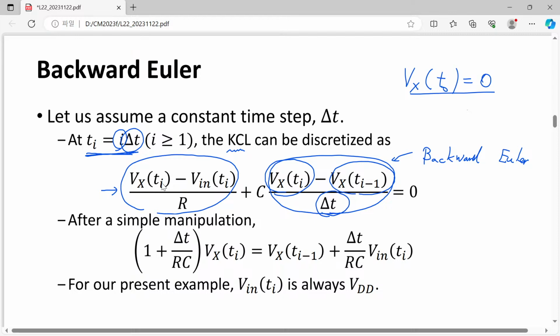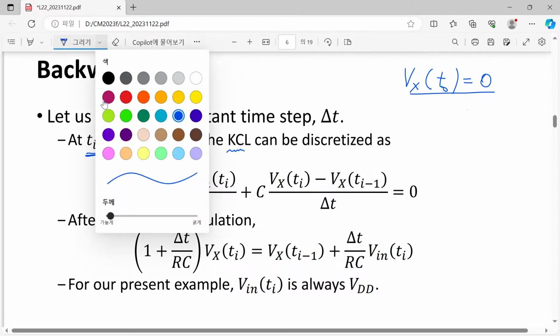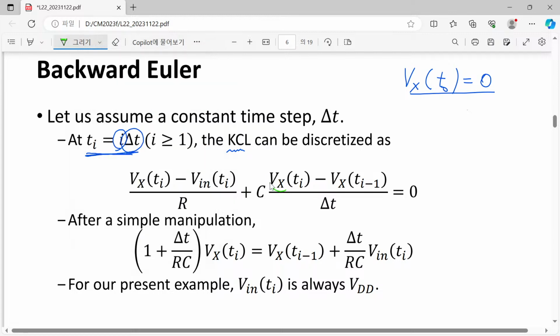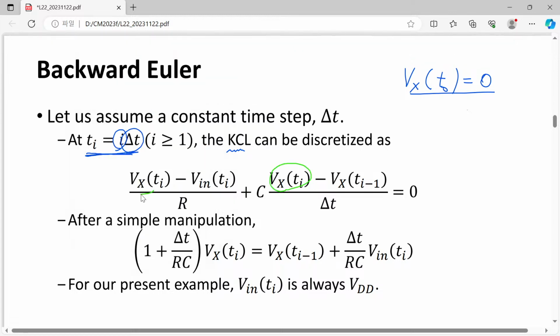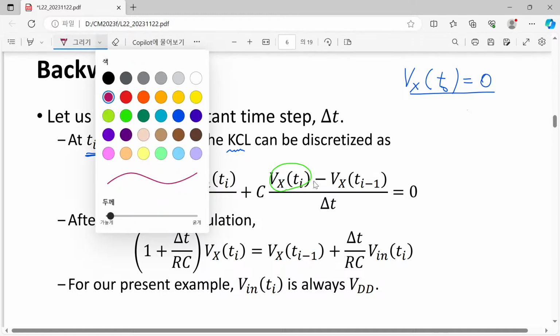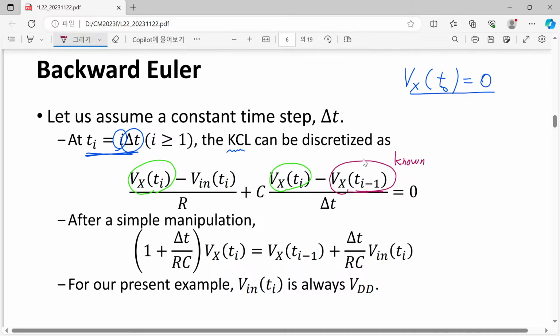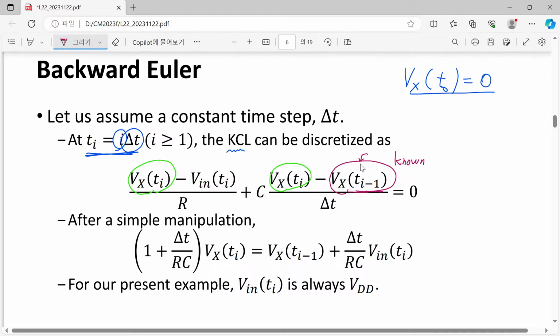I think that we have already done it with diffusion simulation, so most of you are quite familiar with this procedure. After that, it is recognized that this is an unknown variable and this is an unknown variable, and there are some known variables like this one. This is known because we have already considered t sub i minus 1, so it is memorized in our computer storage.